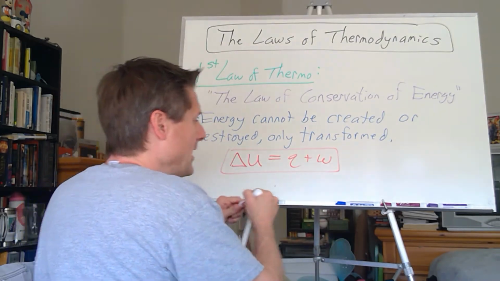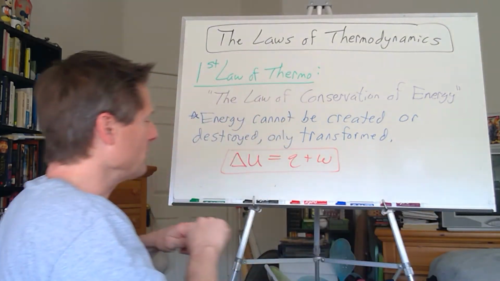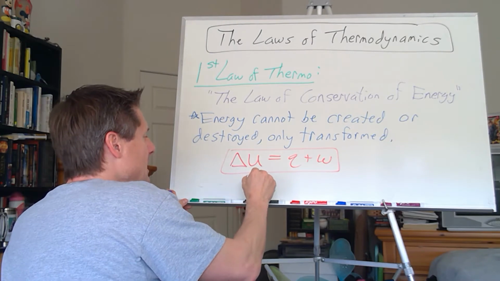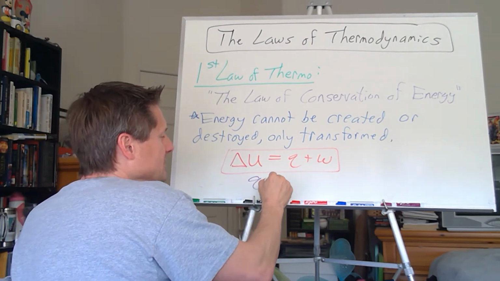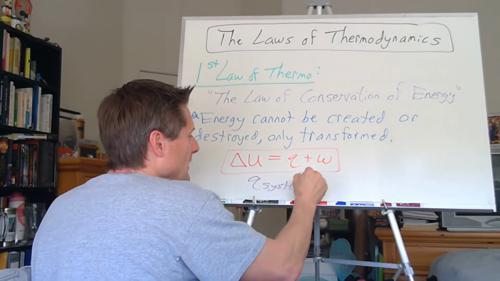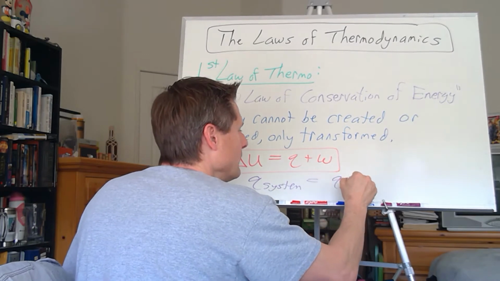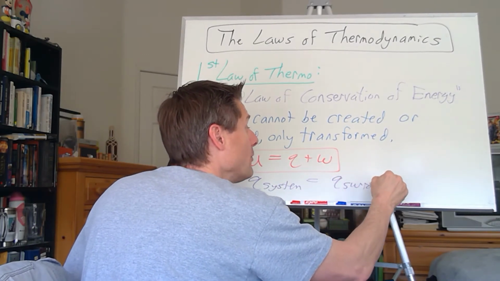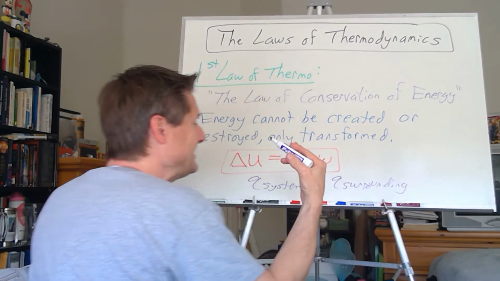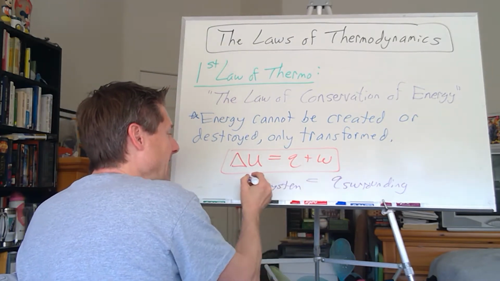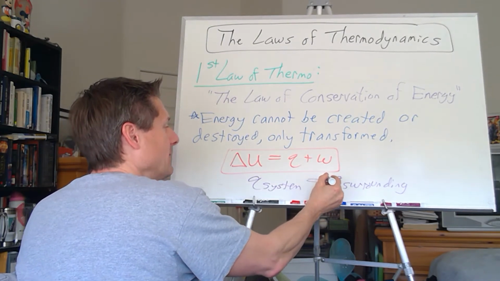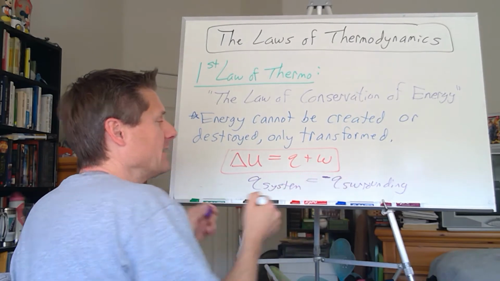Also, we had another equation we got from that. If there's no work being done, then the heat of the system was always equal to the heat of the surroundings numerically, but different in sign. It really doesn't matter which side you put the negative sign on.